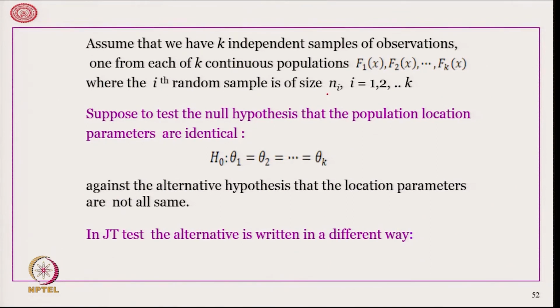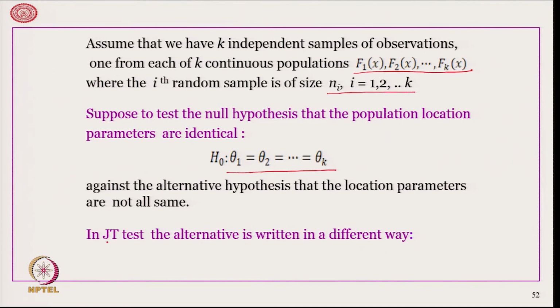We have Ni observations from the ith population, i equal to 1 to k, and we have k continuous populations with the corresponding distribution functions F1(x), F2(x) up to Fk(x). Suppose we want to test whether theta 1 is equal to theta 2 is equal to theta k against the alternative hypothesis that the location parameters are not all the same.